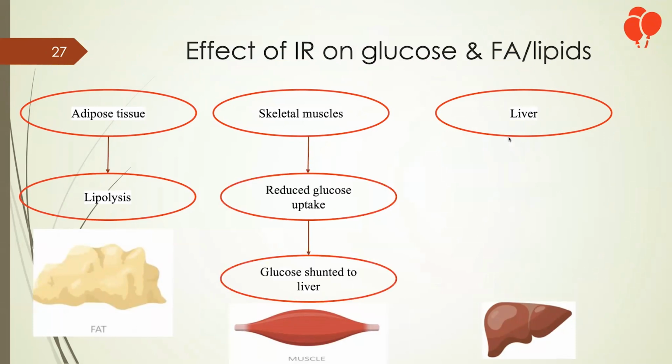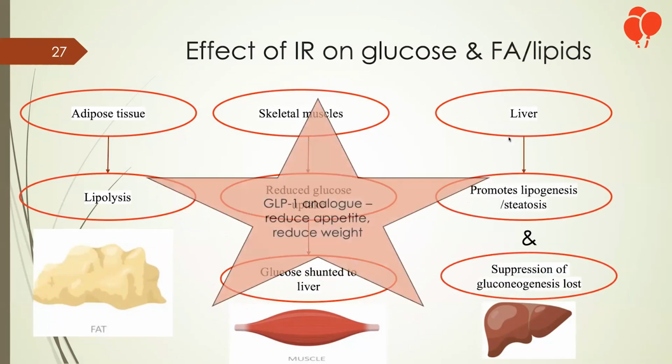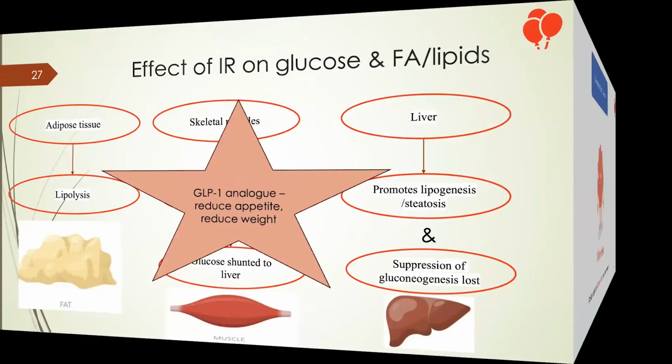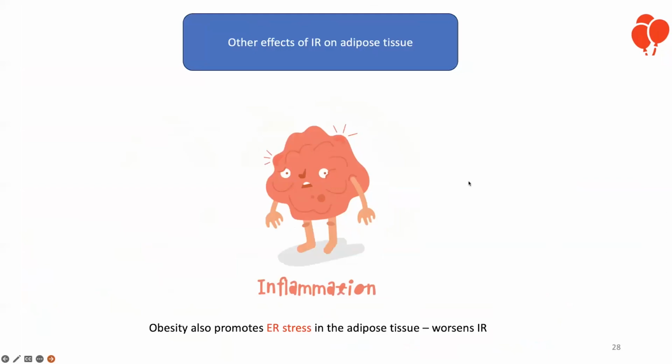At the skeletal muscle, you have insulin resistance so that the glucose cannot enter the muscle cells, and hence the persistent hyperglycemia. And at the level of the liver, you have ongoing gluconeogenesis, ongoing de novo lipogenesis, and there is a suppression of the insulin effect. All that is lost. That is where this new concept of utility of GLP-1 agonists comes, which I'll explain to you, how these drugs are useful in patients with fatty liver disease.